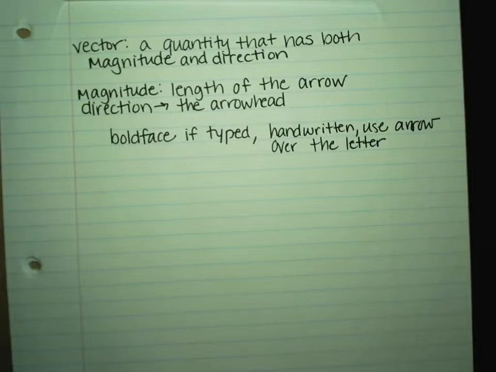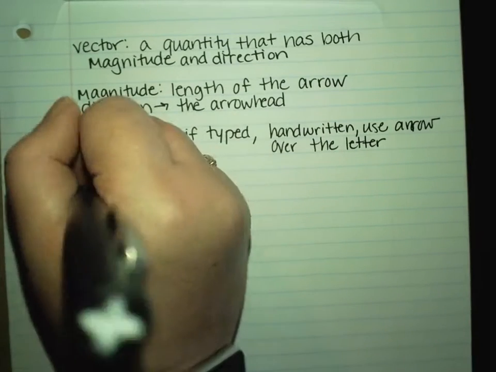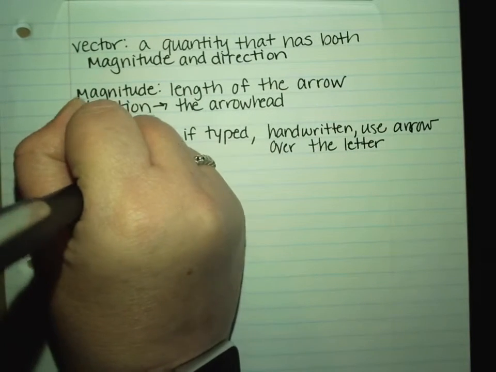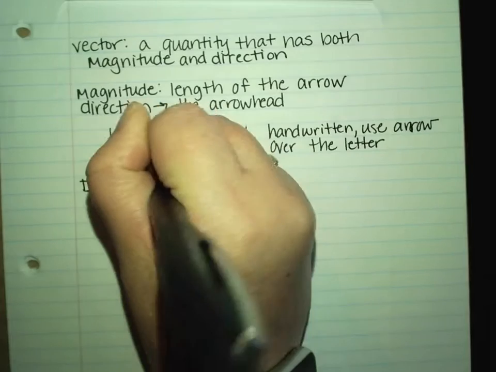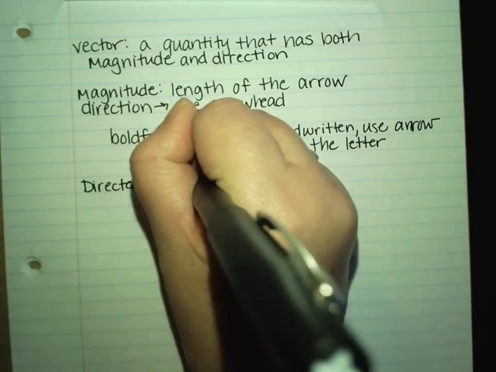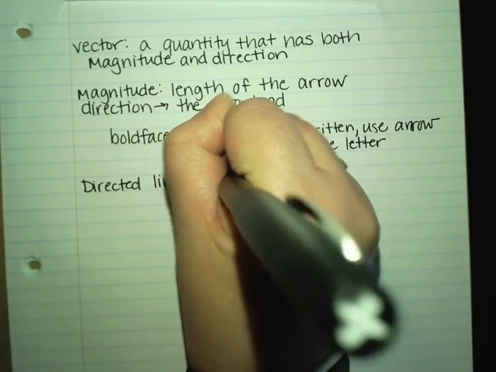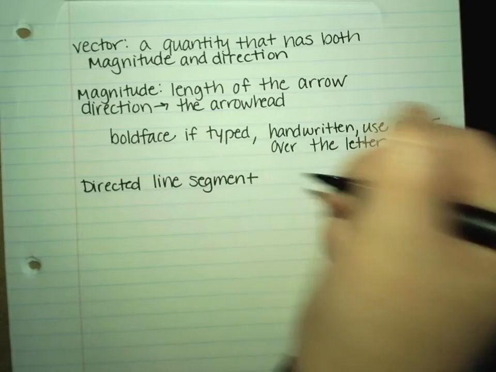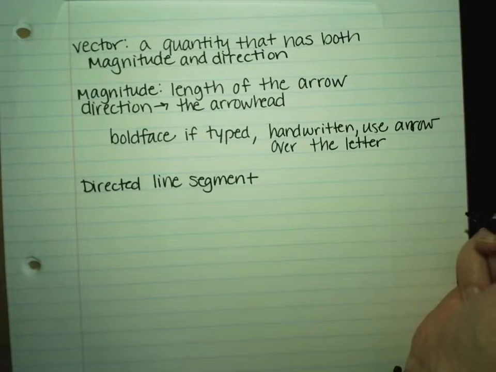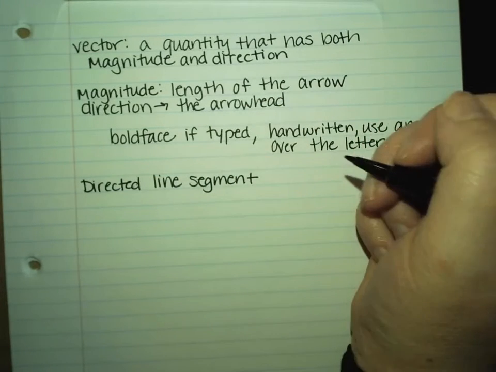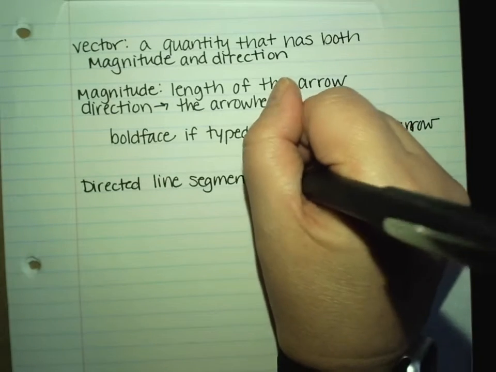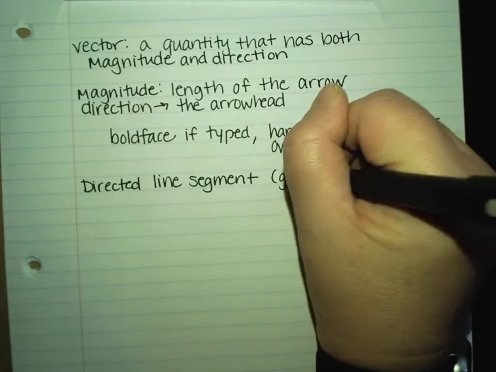So then we have what is called a directed line segment. This can also be called a geometric vector.